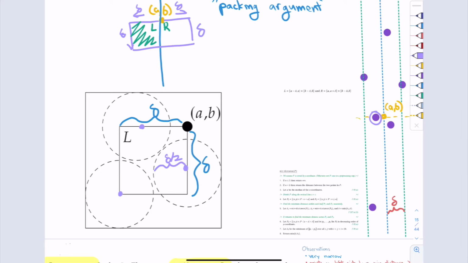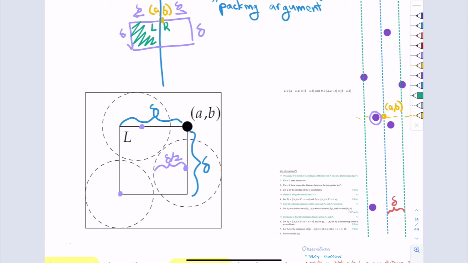Since everyone is delta apart, we know that these circles can't be overlapping. They might meet at the boundary, but the interior will be disjoint, because the radius is half the distance.